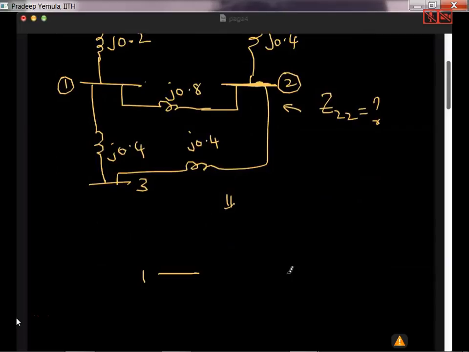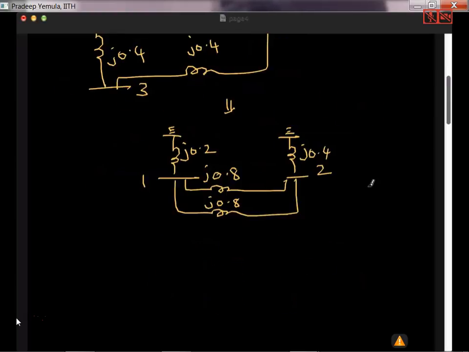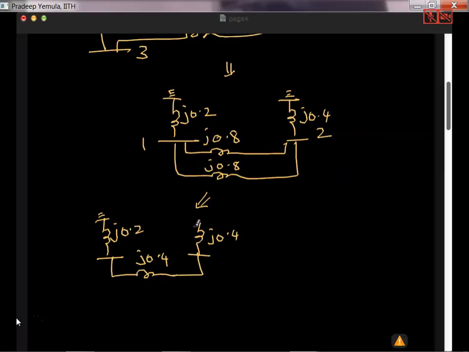So I get like this. This is 1, 2, J0.8, another J0.8, then here J0.2, here J0.4. So this is one step. What happens next? I get J0.2 and then here J0.4 and this one also is J0.4.